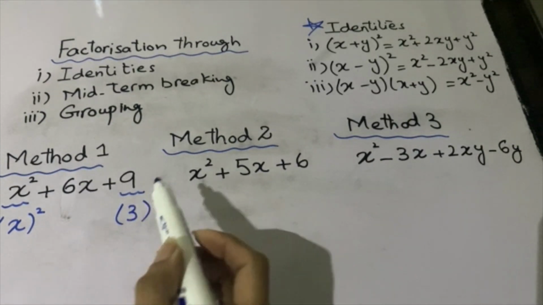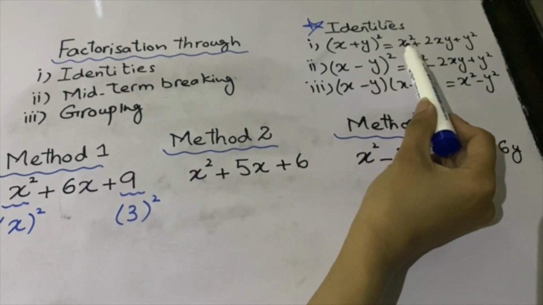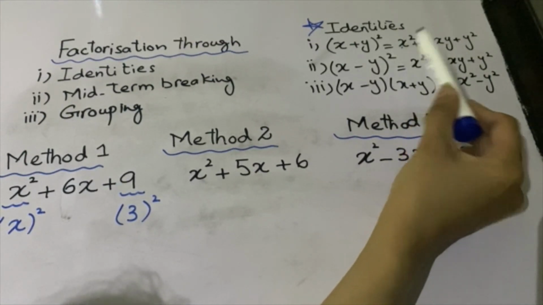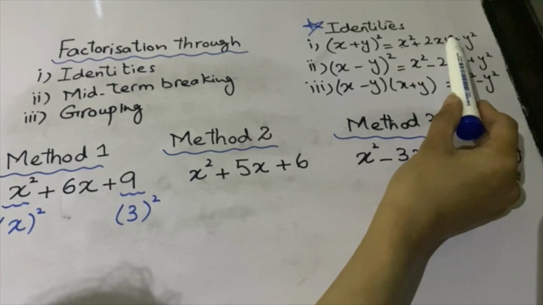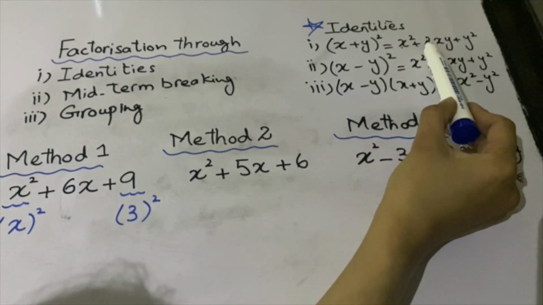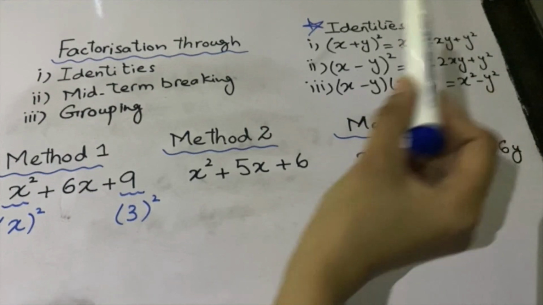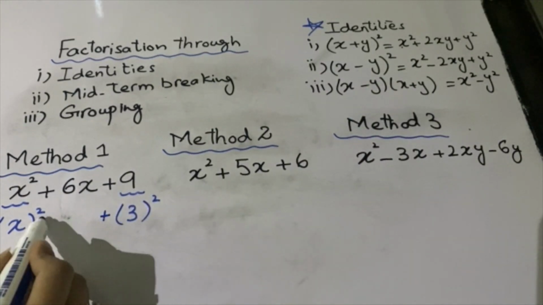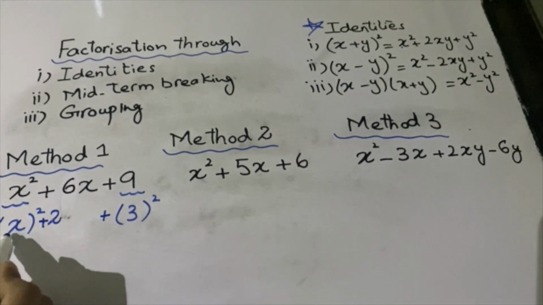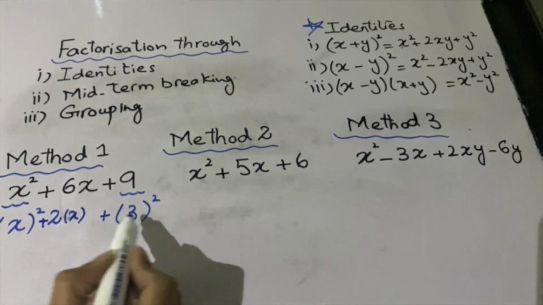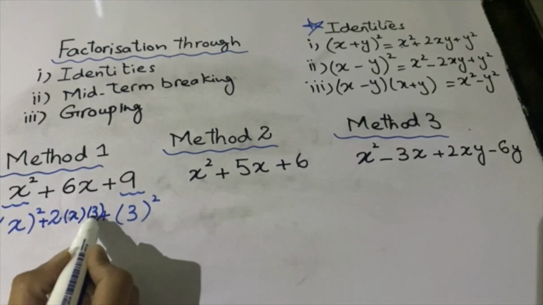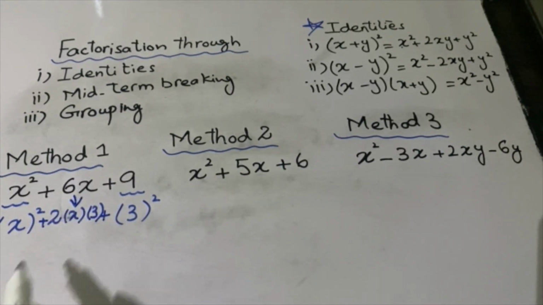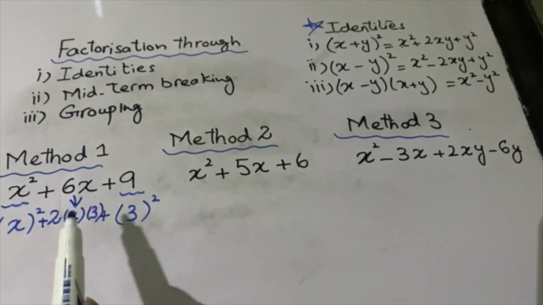So if I go back to my identities, in this expanded form I can see that I have x square and then y square. Then what should be in the middle term? It should be 2 times x and y. Now come back here to the question. It is 2 times, first one is x, second one is 3. 3 2s are 6x. It is exactly the same. So it means that you can apply the first identity here.